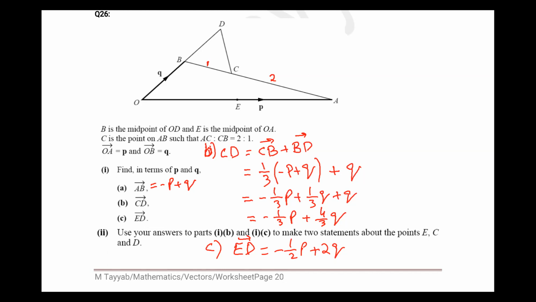No, then it's wrong. वहां पे फिर गलत लिखा हुआ है, क्योंकि यहाँ पे 2Q minus P तो हो ही नहीं सकता, वो तो AD वेक्टर है. So इसका मतलब there's a mistake in the marking scheme. Marking scheme लिखा है, मैंने शायद copy paste करते हुए कोई problem कर दिया होगा. So it's ED is minus half P plus 2Q.